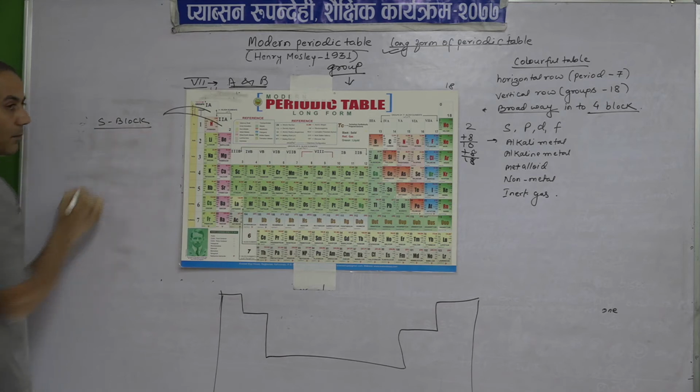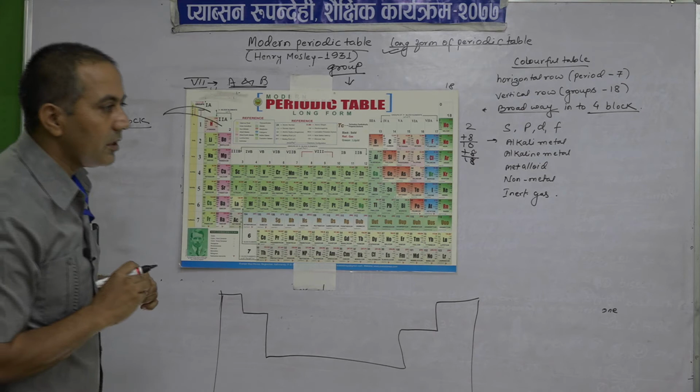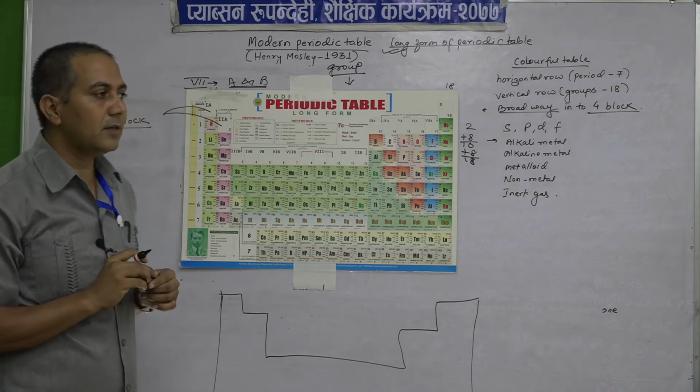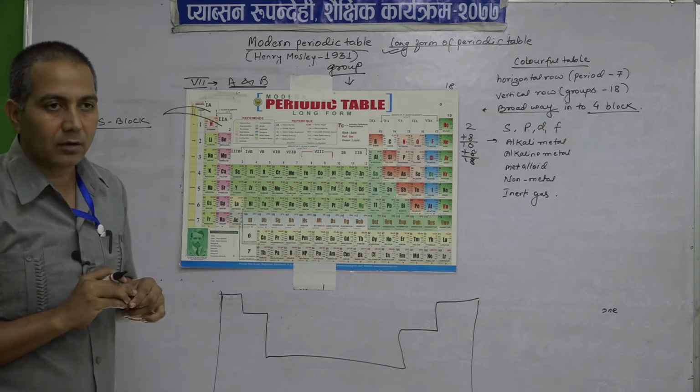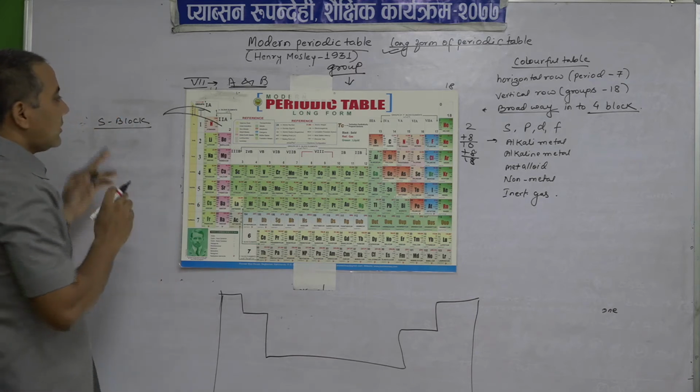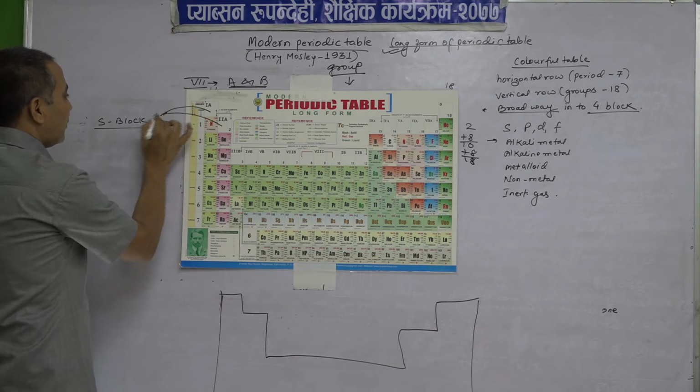You have studied electronic configurations, in which you have studied the S block, P block, D block and F block. So, these are S block.